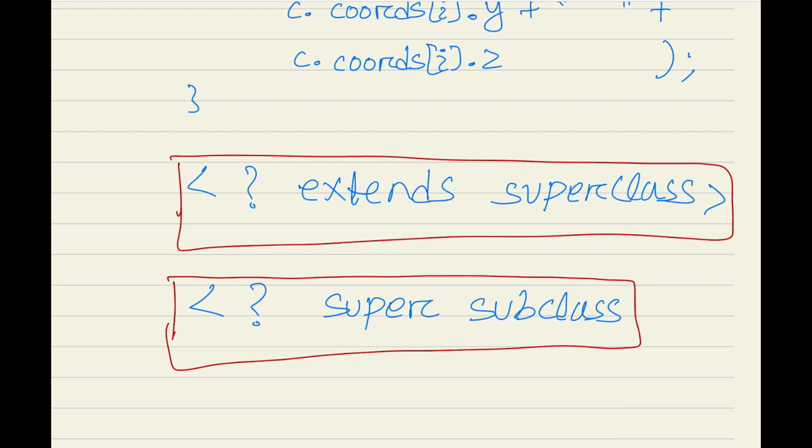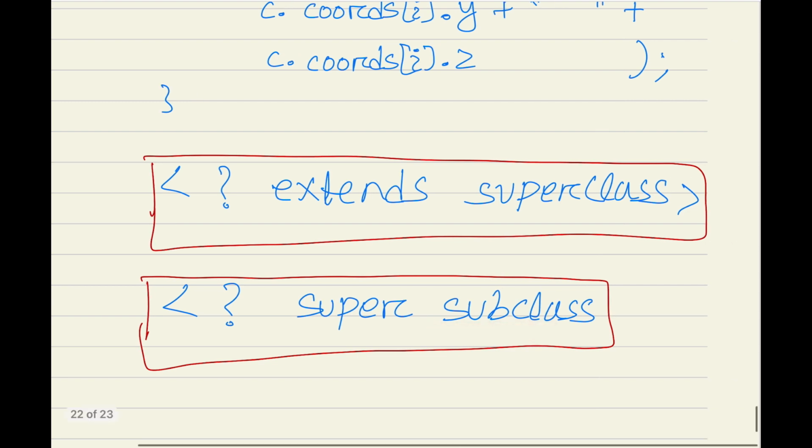So in this example, only classes that are superclasses of subclass are acceptable arguments. So we have discussed that we can use the extends and super clauses to define the bounded wildcard, or to set the limit of wildcard arguments.